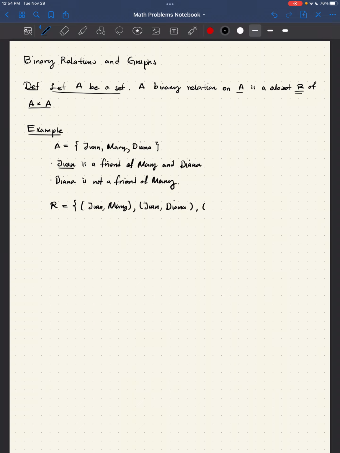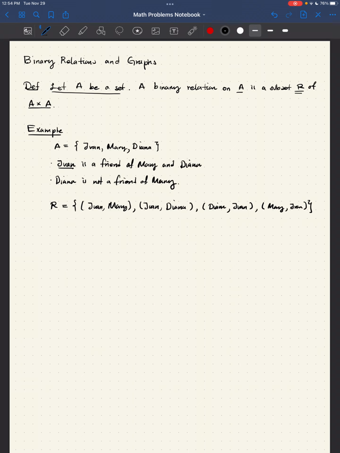So implicitly here, of course, we will have to say it, right? We say that Diana and Juan are friends, but also that Mary and Juan. But that's all the information that we can collect.